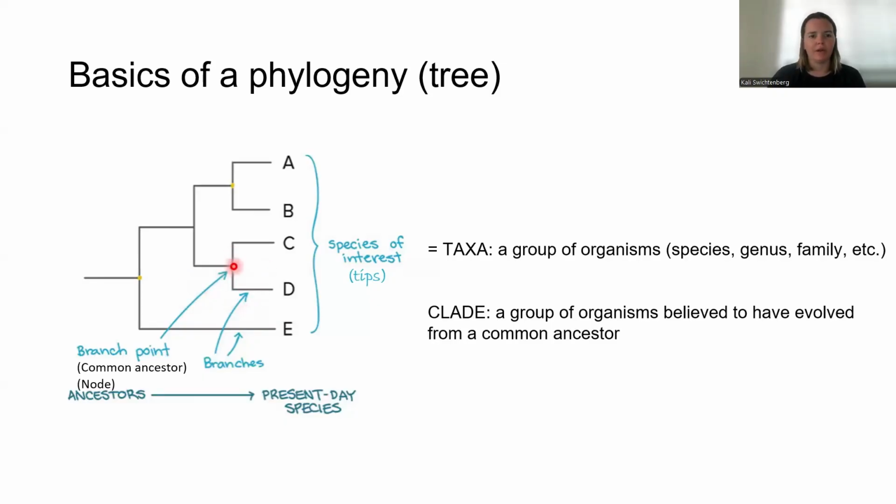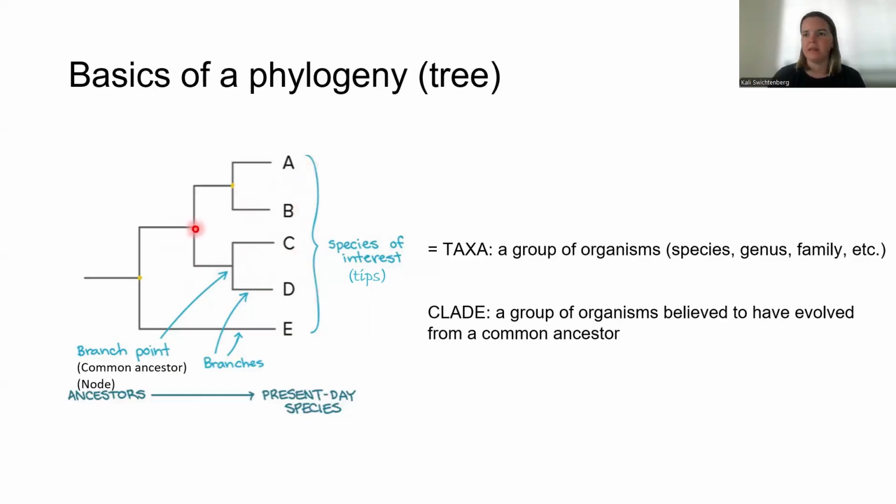A node represents a common ancestor in that period of time, or in that period of change. So for example, right where my pointer is hovering, this node represents the common ancestor of species C and D. This is where we have a common ancestor, and then that ancestor diverged and split and became species C and D. If we go a little bit further back, this node right here is the common ancestor for species A, B, C, and D, because it is connecting all of them.